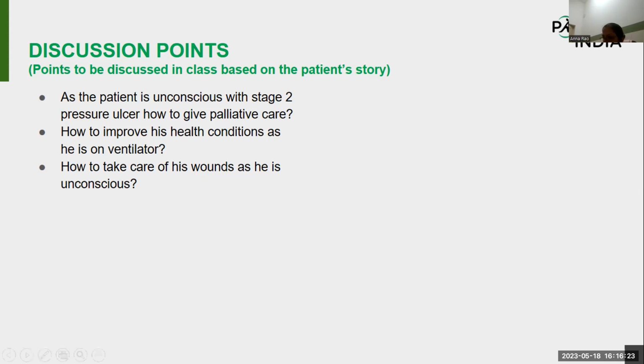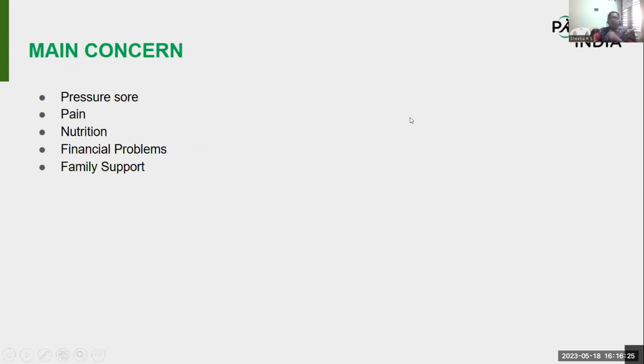Priya, please go back to the main concern slide. Haripriya, you had mentioned about pain. So where is the pain and what is the score of the pain and what medication is for the particular problem?